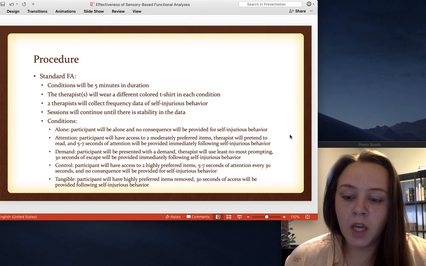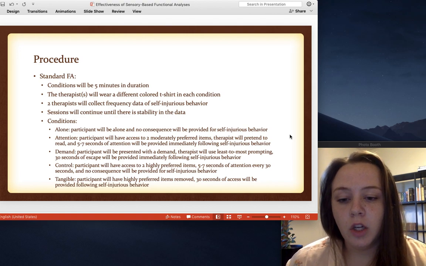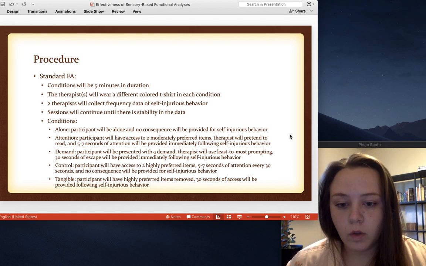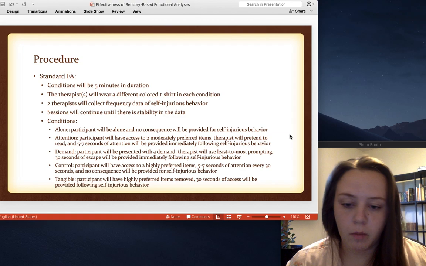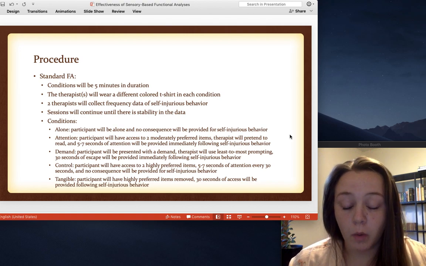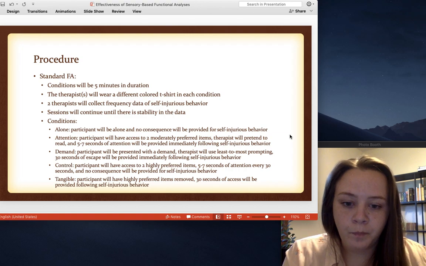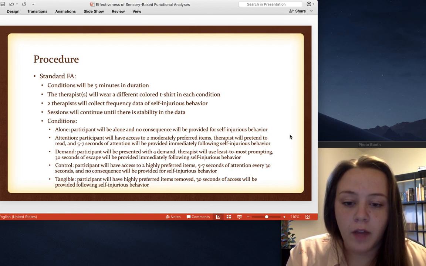And then the final condition of the standard is the tangible. In this condition, we will have them having those 2 highly preferred items rather than having the pre-exposure. We allow for them to have pre-exposure in the control condition, which the tangible would follow, and they would remove the item.